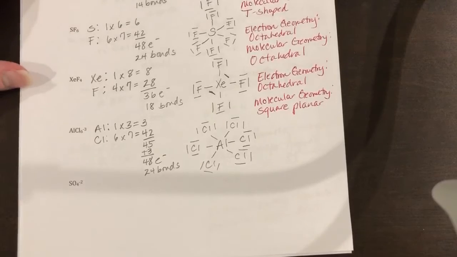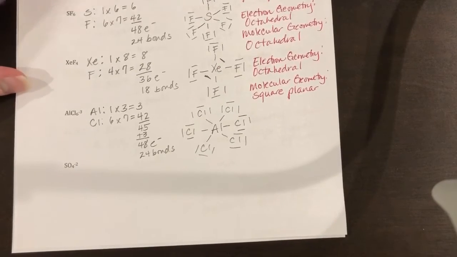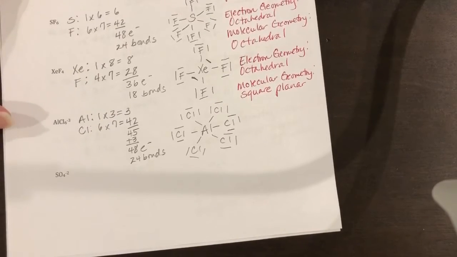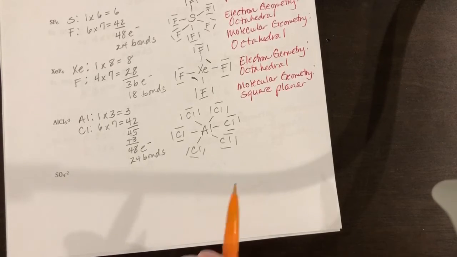Now this is something called violating the octet rule, because the octet rule says that you're supposed to have the number of bonds is the same as the number of valence electrons. So this would violate the octet rule.